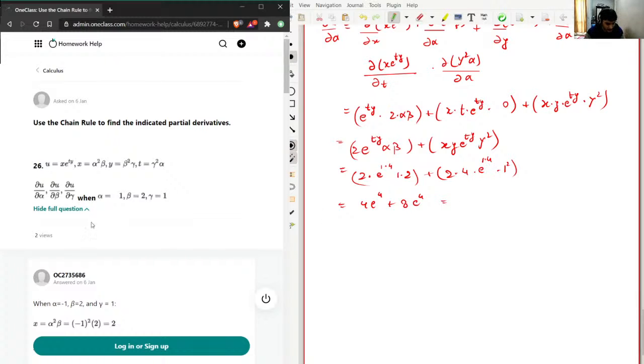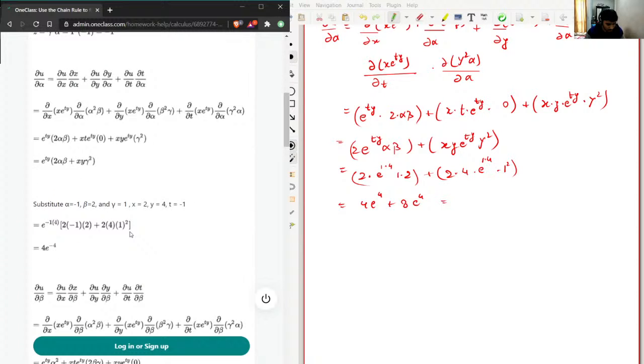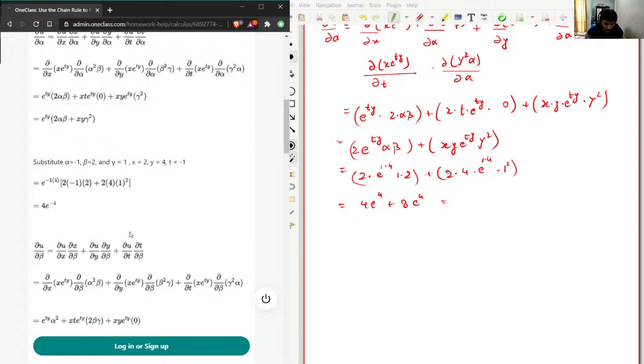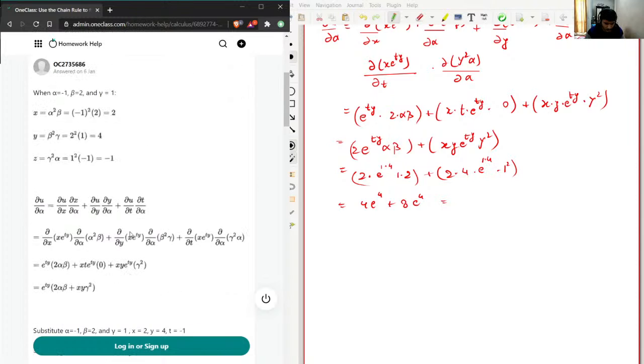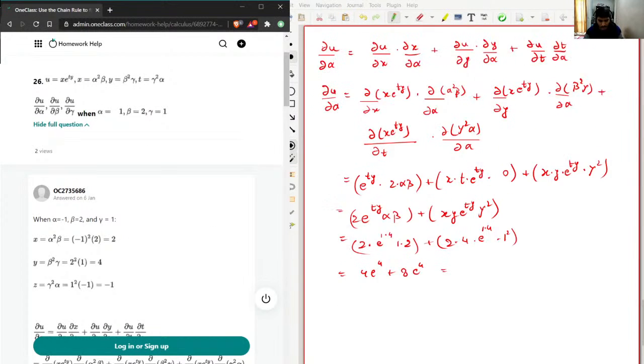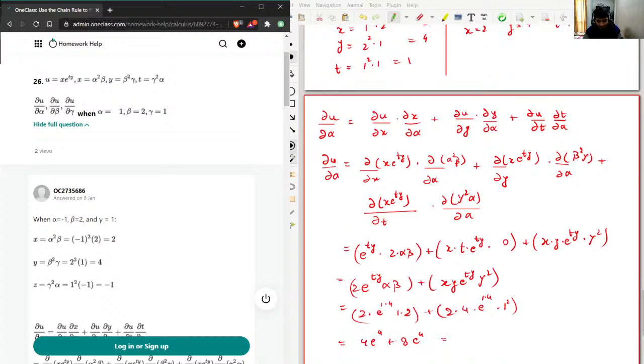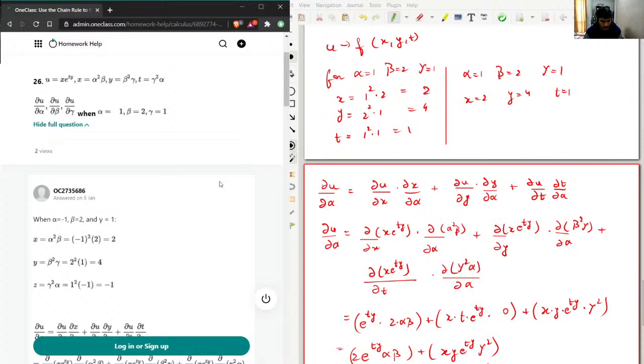I'll just see whether they have e power minus 4. Alpha is minus 1. Oh god, so alpha is given here as minus 1. If alpha is minus 1, then my t will be -1, and I'll also write this alpha as -1. So t will be -1, then here alpha square was there.